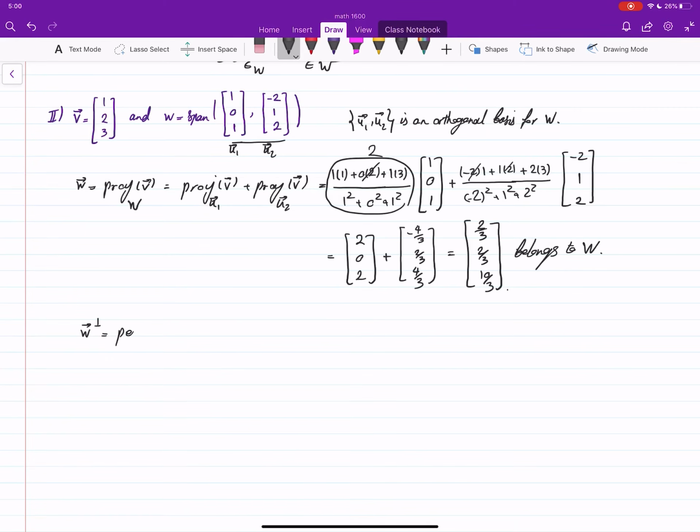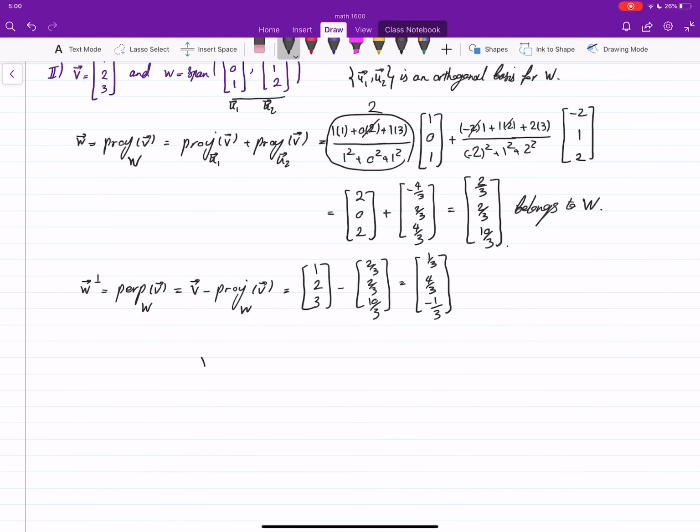How about the other element in the decomposition? We know that is the perp of v over W, which is v minus the projection of v onto W. Here v is (1, 2, 3) minus (2/3, 2/3, 10/3). This gives us 1 minus 2 over 3, which is 1 over 3; 2 minus 2 over 3 is 4 over 3; and 3 minus 10 over 3 is negative 1 over 3.